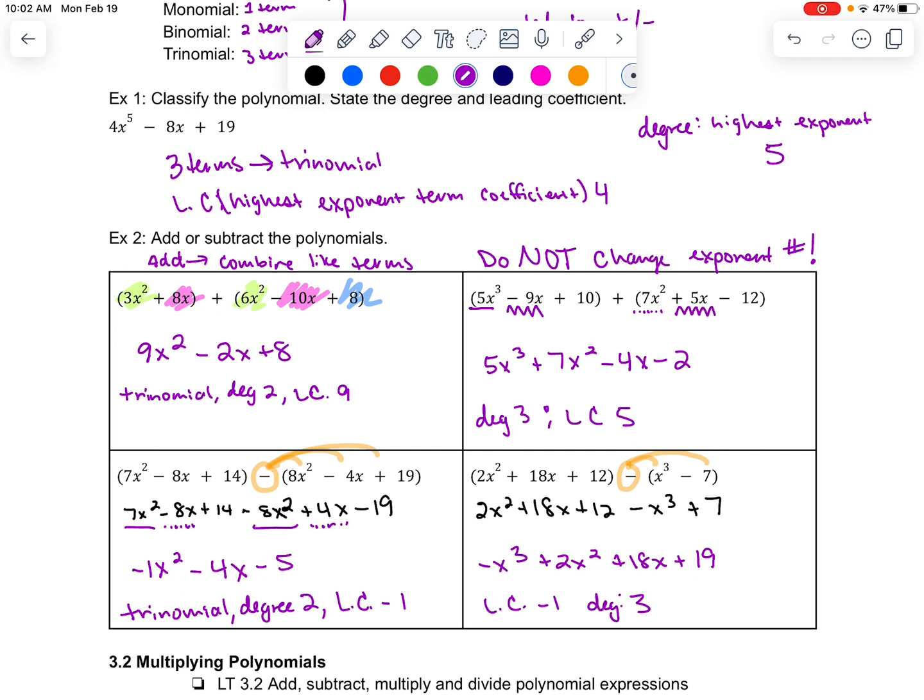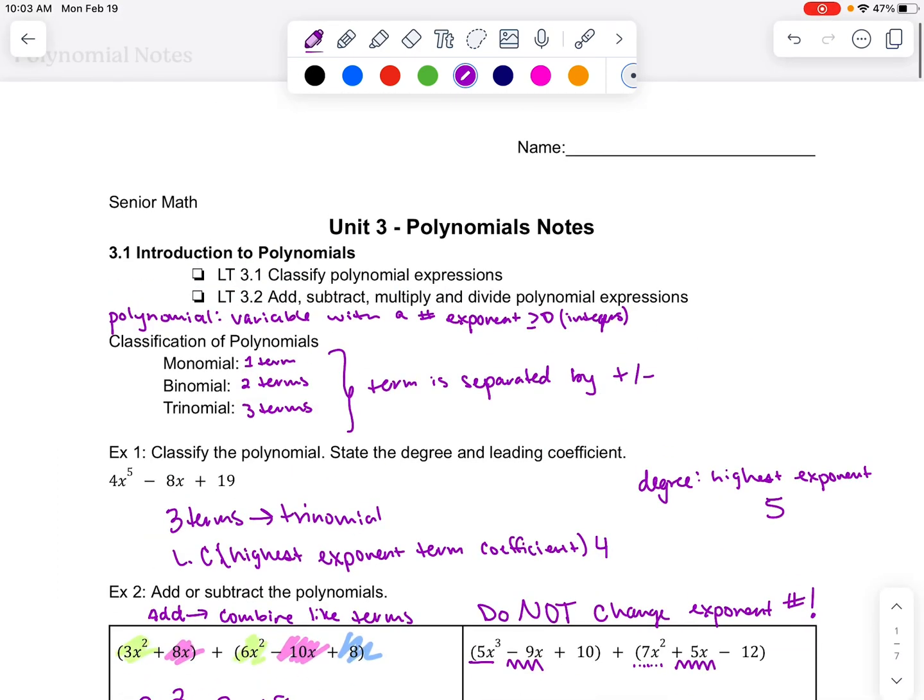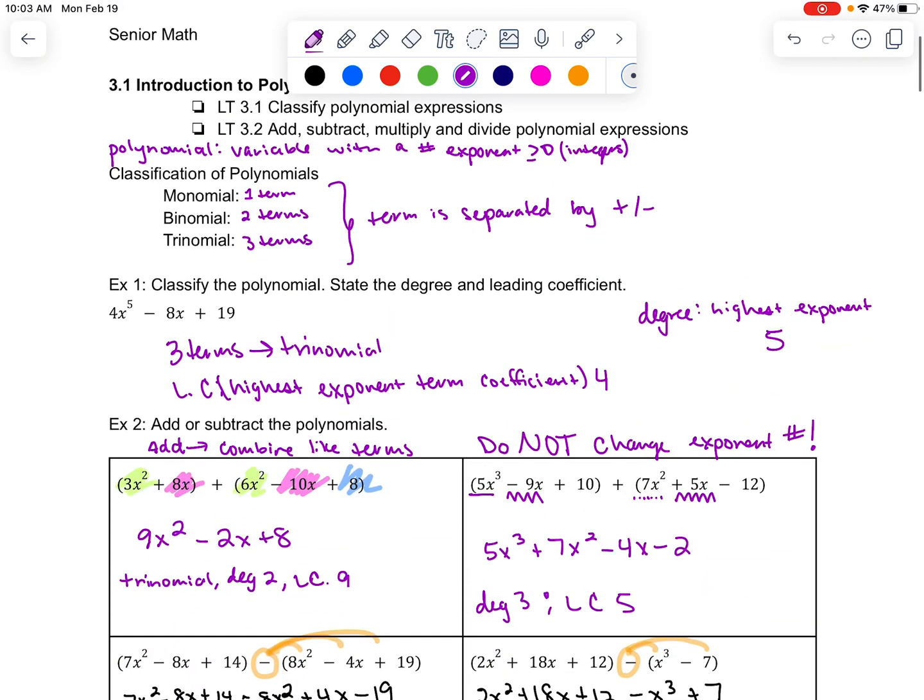What ends up happening a lot is students will only distribute the negative to the first term. It's anything inside those parentheses, just rewrite it as a second line and then combine your like terms. Okay, so this is our classification of polynomials. And then on that second learning target, we added and subtracted. Again, we will continue that learning target, but for today, we got those first 2.